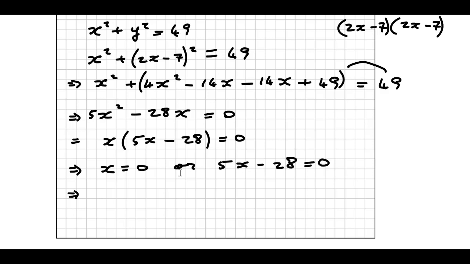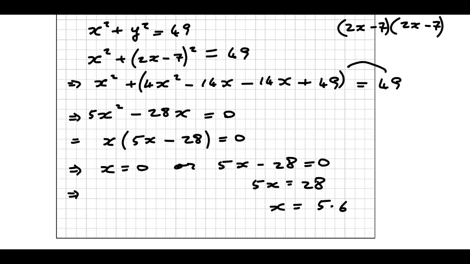So that'll finally give me x is equal to 0, which we already have, or in this particular case you can just take 5x is equal to 28. x is equal to 28 divided by 5, so that's 5.6. Okay, so these are our two x's.